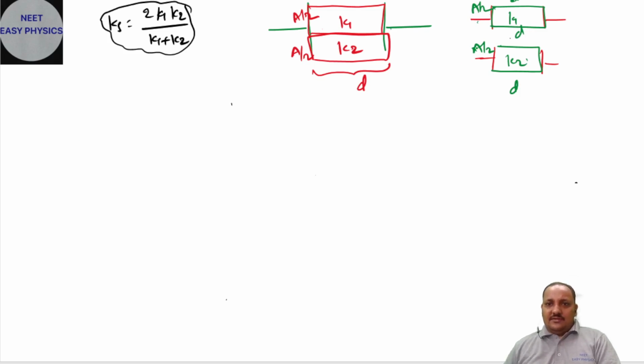Now you can see these two capacitors are connected in parallel. For parallel, what is our formula? Cp is equal to C1 plus C2.